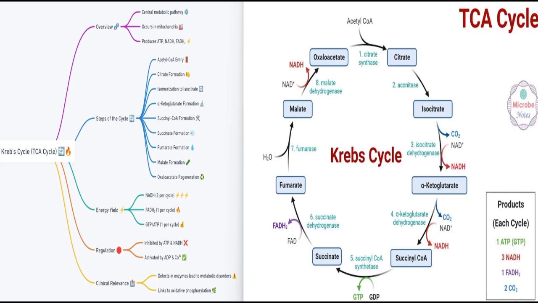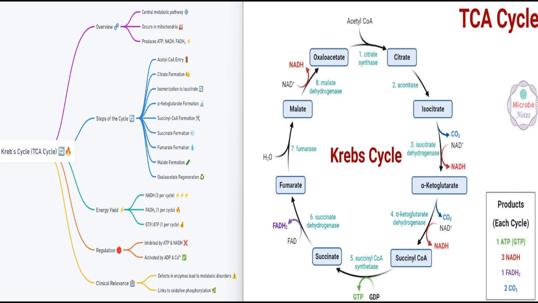From citrate to isocitrate, the aconitase enzyme is implicated, and from isocitrate to alpha ketoglutarate, you have isocitrate dehydrogenase. From alpha ketoglutarate to succinyl CoA, you have alpha ketoglutarate dehydrogenase, and succinyl CoA to succinate, succinyl CoA synthase.